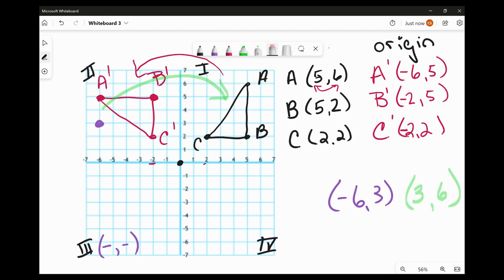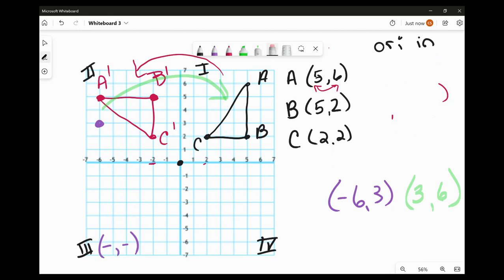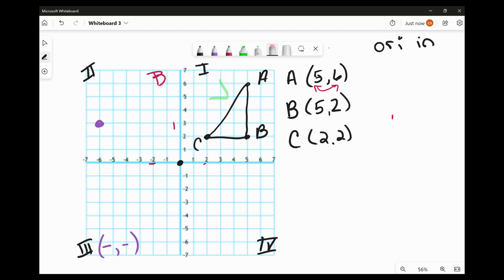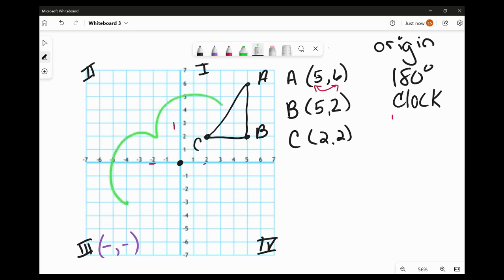Now, I want to take a look at rotating this 180 degrees. So now we're going to do a 180-degree rotation. And it really doesn't matter if it's counterclockwise or clockwise because no matter what, you're going to end up in the same quadrant. So 180 degrees, you move 2 quadrants. If I move 2 this way or 2 this way, I'm still going to end up in this quadrant.